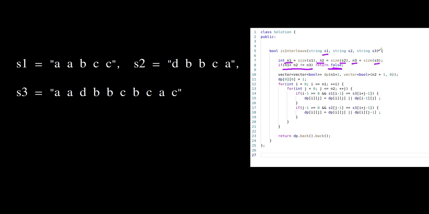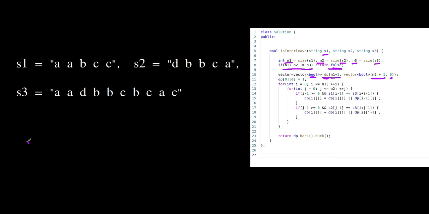Otherwise, we will use DP to solve this question, and to do that we create a 2D table of size n1 plus 1, n2 plus 1, and this table has boolean values. Initially all the values are set to 0.